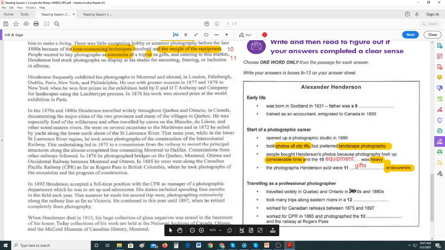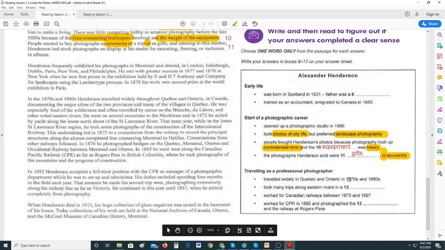Now number 12. We can see that there are other keywords here which are 1870s, 1880s, great, and then Eastern rivers. You know that in the keyword chapter I mentioned directions like east, west, north, south. These are all good keywords. Now if you go back where this time frame, we have to look at scene here.